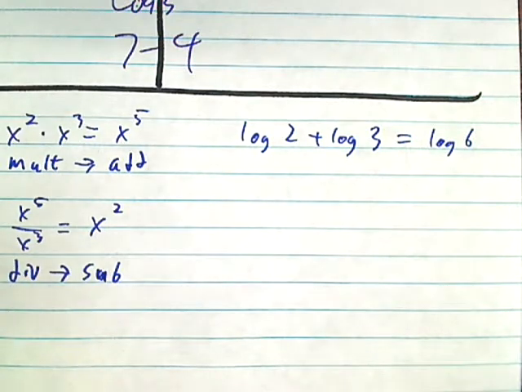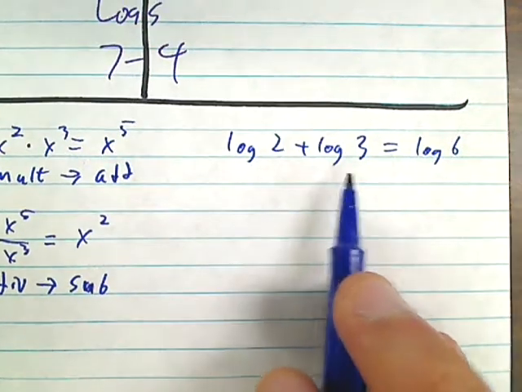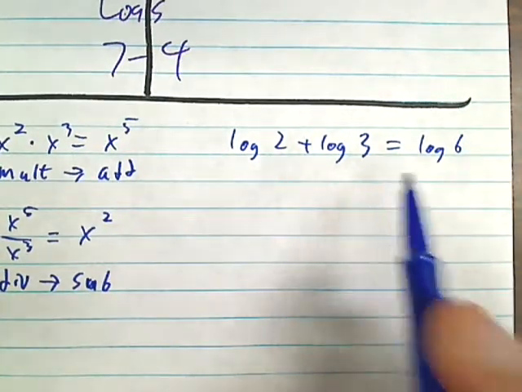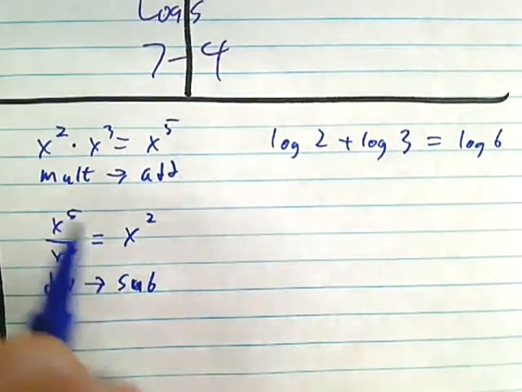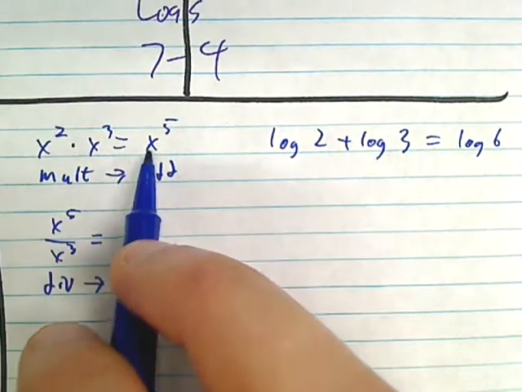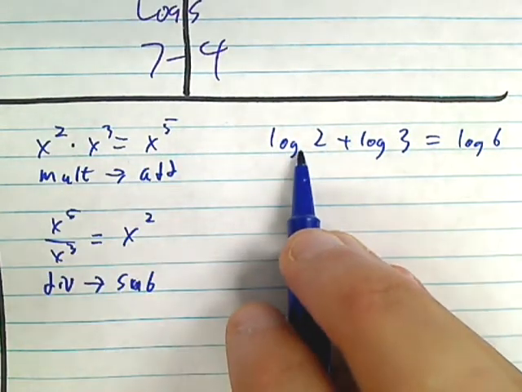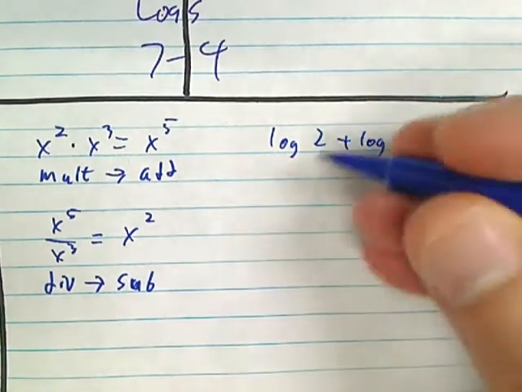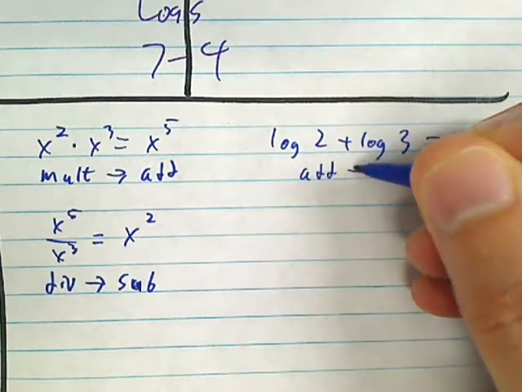You can punch that in your calculator: log 2 plus log 3 gives you log 6. You can do that because these are all log base 10. The base stays the same, log base b, log base 10. And the addition becomes multiplication.